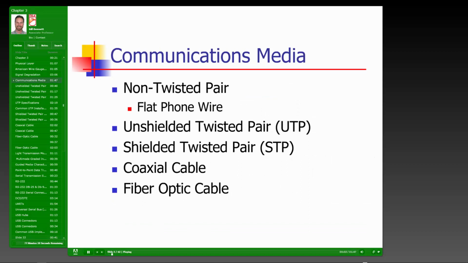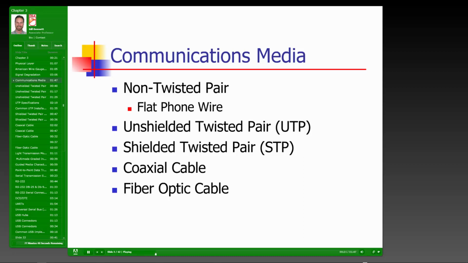There are lots of types of media that are used to connect devices together within networks. As I said, many of them are still copper-based, but we're getting more and more into fiber optic network environments, and then wireless as well.